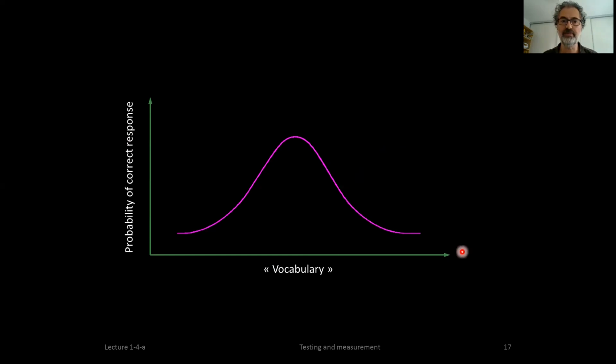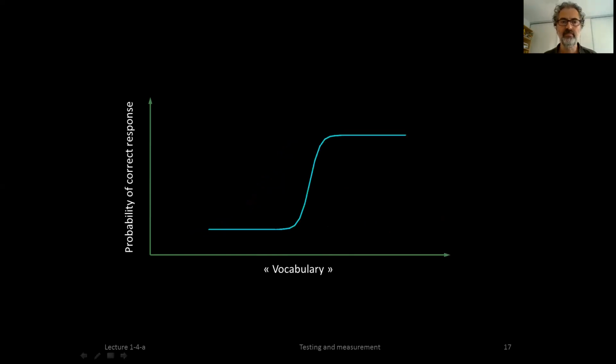People with high vocabulary also don't answer correctly because maybe they have so good knowledge that they realize this is not exactly the right answer, but people with intermediate levels of vocabulary answer correctly. So these kinds of items cannot be included in the test. But all items have to be like that.